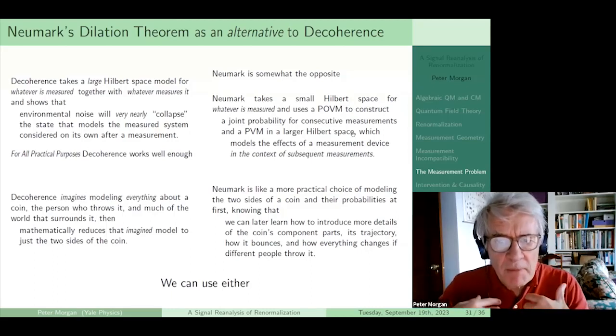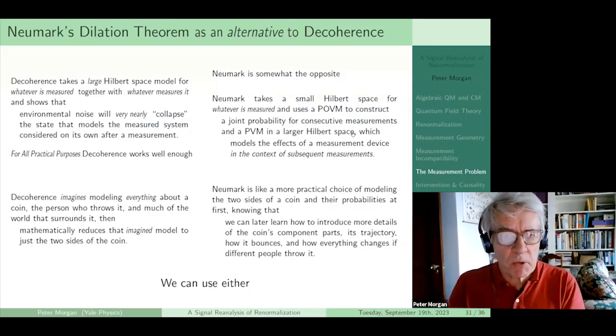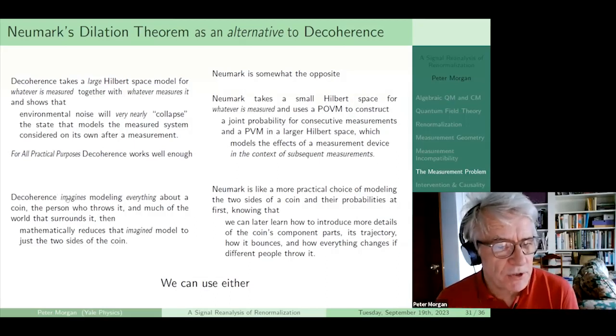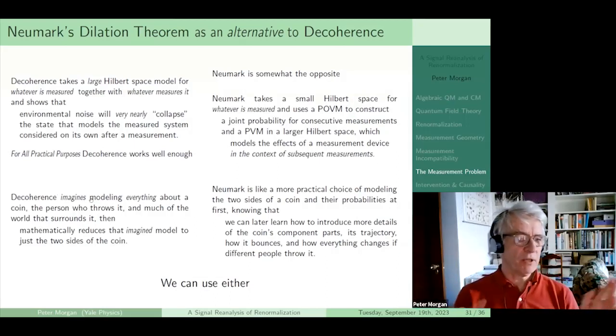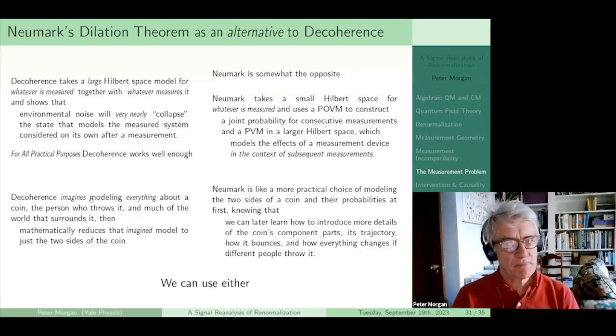This describes the effects of a measurement device in the context of subsequent measurements, whereas decoherence really keeps everything very, very wide. So decoherence imagines modeling everything about a coin that we're throwing, for example, and much of the world that surrounds it, and then mathematically reduces that imagined and never actually constructed model to just the two sides of the coin.